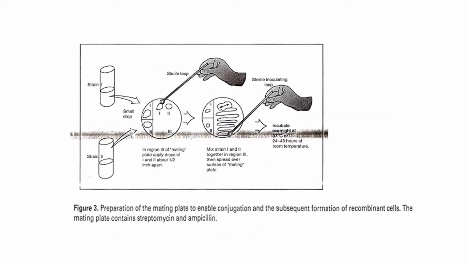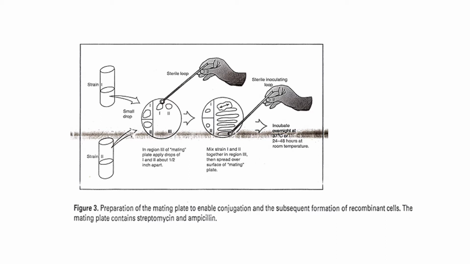The mating plate is prepared on Lab Day 2. The mating plate contains a mixture of LB agar, AMP, and strep antibiotics. The plate is divided into 3 regions as seen in Figure 3. A sterile loop is used to place a drop of strain 1 onto region 1 and onto the mating region of region 3.